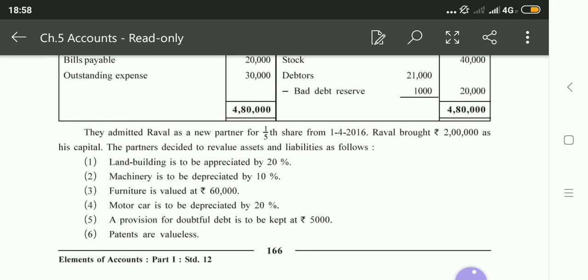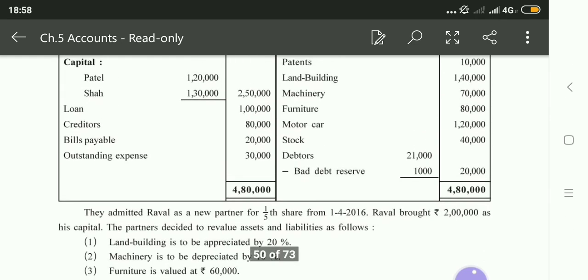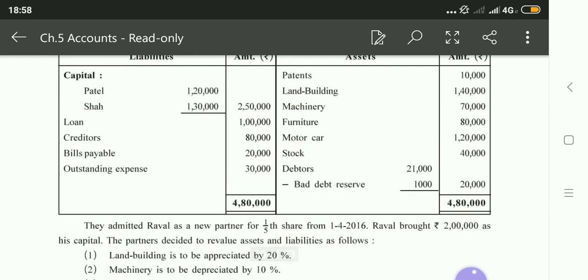Patents are valueless. Patents is an intangible asset. It has no value now. Let me check its old value. 10,000. Now it is completely valueless. So it is a complete loss. 10,000 loss. So the journal entry, whenever it is a loss, revaluation account debit to respective asset.